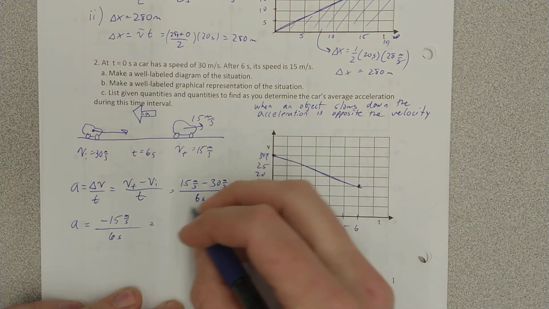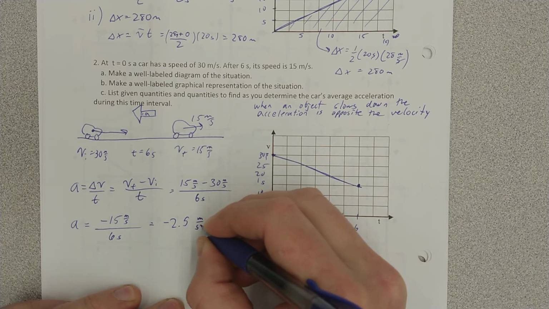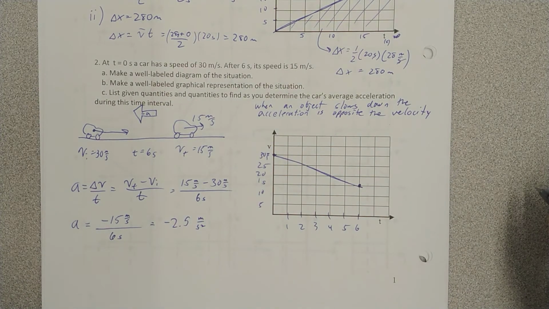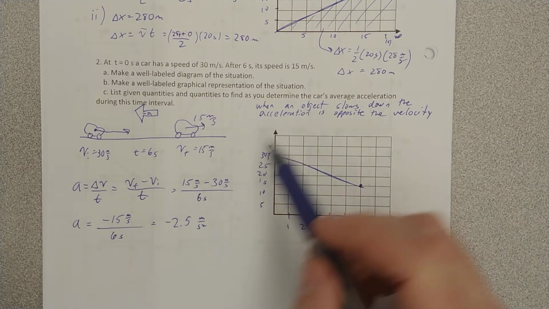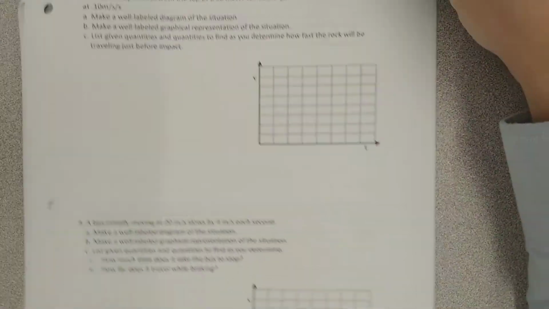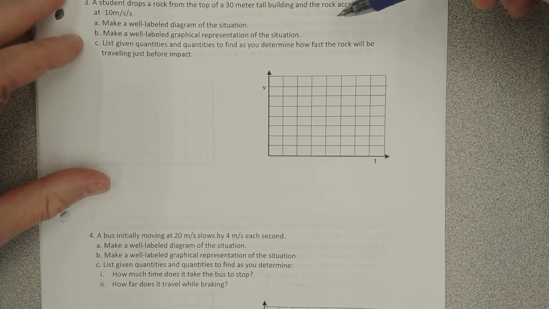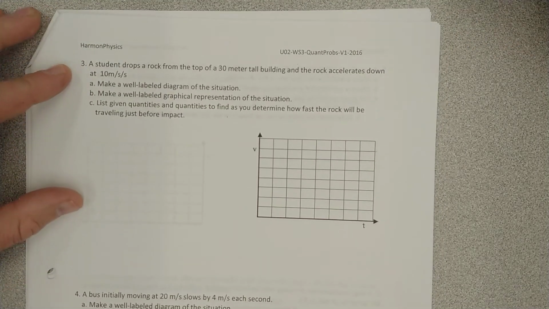All right, negative 2.5 meters per second squared for an acceleration. So I don't really need to do anything there. It's just changing velocity over time. And we're just going to then move on with these questions, right? So we just kind of keep going through here.